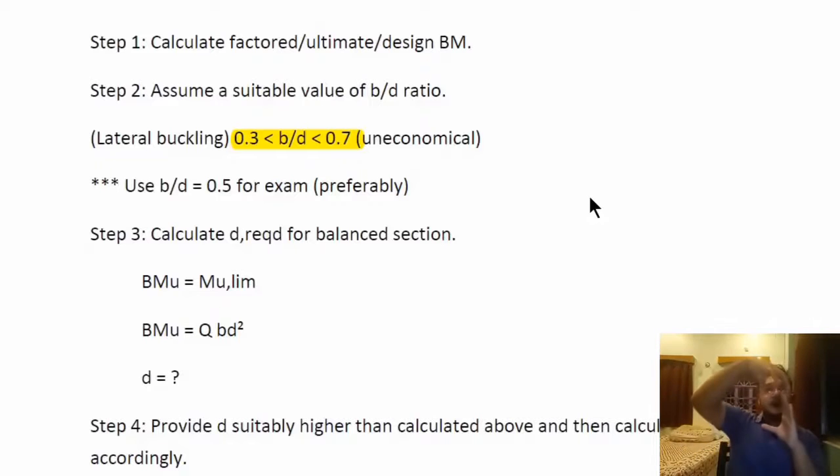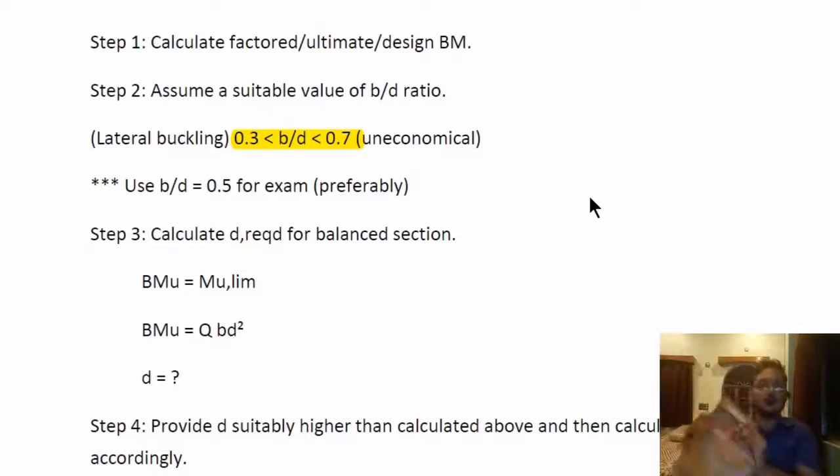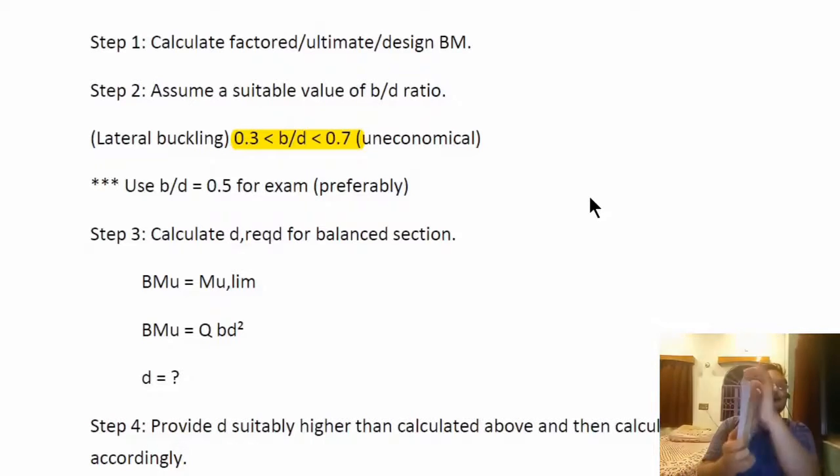So what will happen? The beam will get buckled laterally. I'll explain it with the help of this notebook. This notebook also has a very small B to D ratio. The width is very small compared to its depth. Whenever load is applied, there is a chance that the notebook will bend like this.